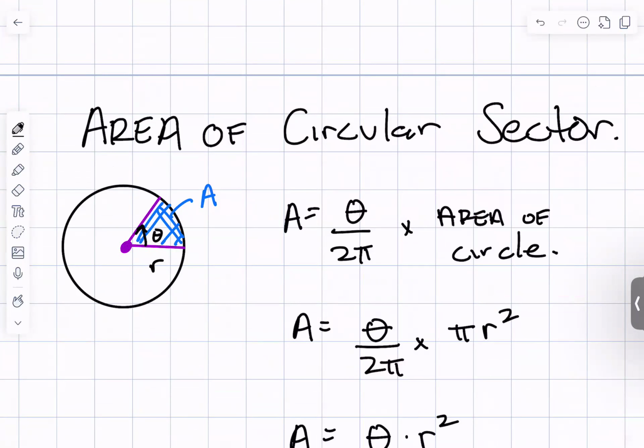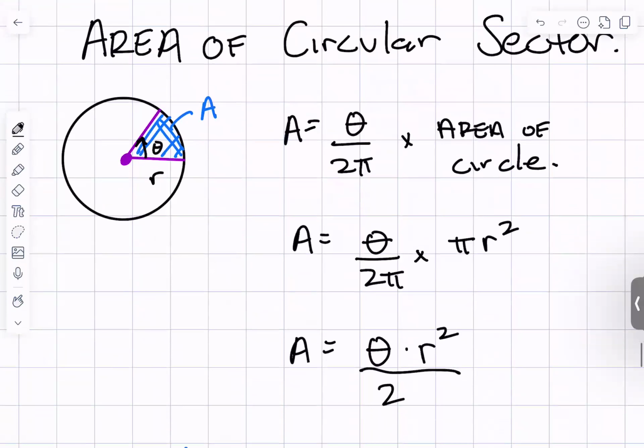The area of the sector now. We got to get the area of this. That means that we have to use the area formula, correct? Theta over 2 pi is the sector that we want times the area of the circle, right?